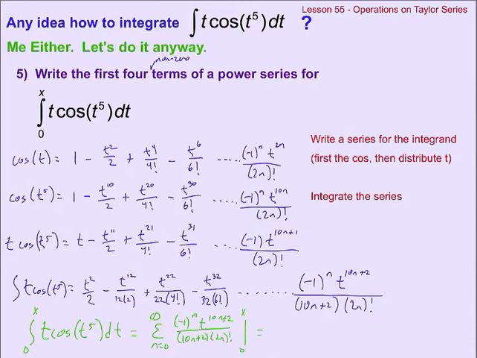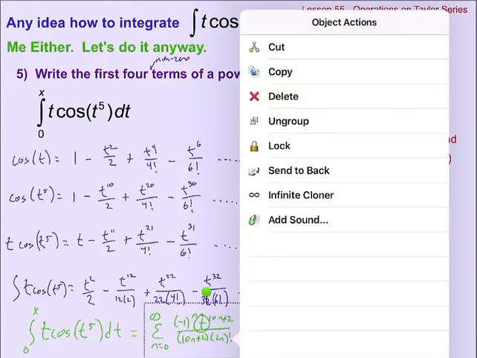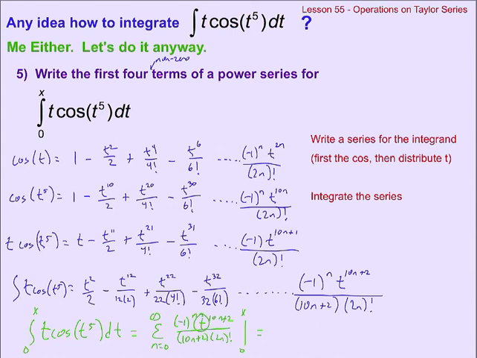And what's nice about this, when we evaluate it from 0 to x, because for the second term, that t is going to be a 0. We are only going to be subtracting 0 from this whole thing.